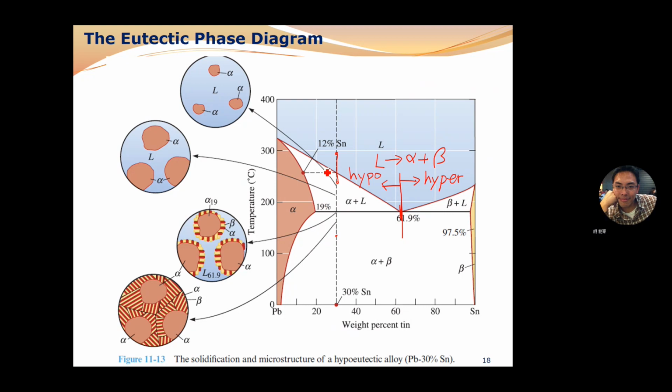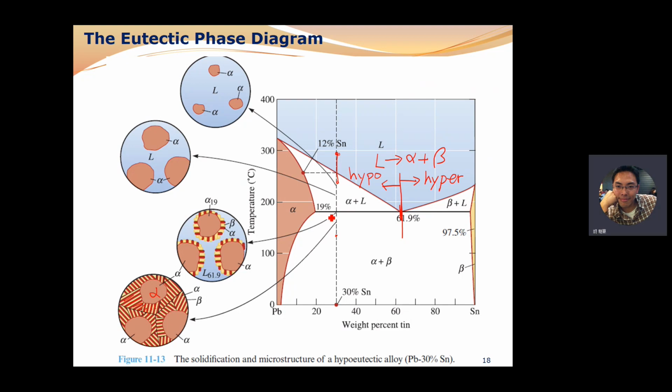If we heat up at 300 Celsius and keep cooling down to say 150, the cooling rate is very slow. We get the microstructure like this: an alpha solid solution core with the layer structure or lamella structure. Right? This is the hypoeutectic structure.